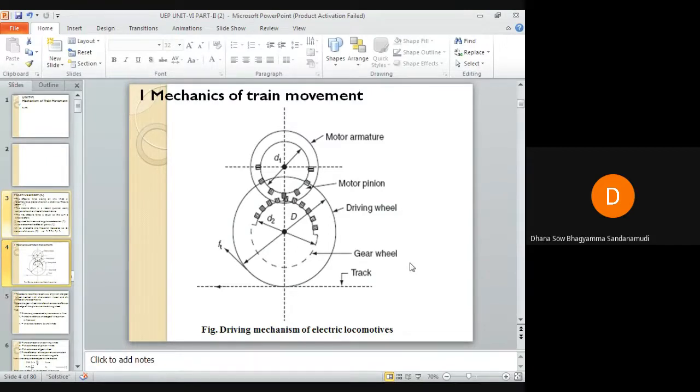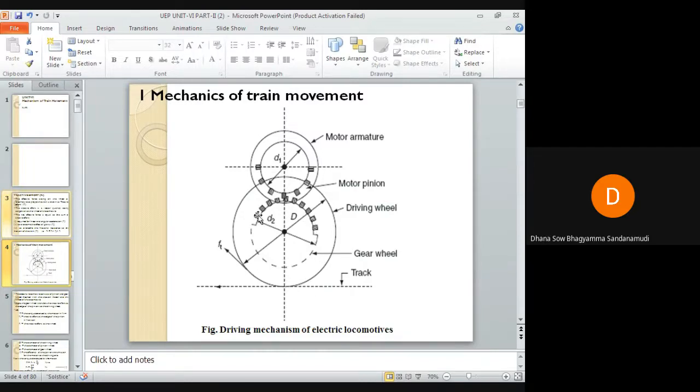Means train wheels. So here the gear wheel transfers the tractive effort at the edge of the pinion to the driving wheel. The driving wheel is the wheel of the train. So the tractive effort from the edge of this pinion will be transferred from this gear wheel to the edge of the driving wheel. This larger circle is the driving wheel.